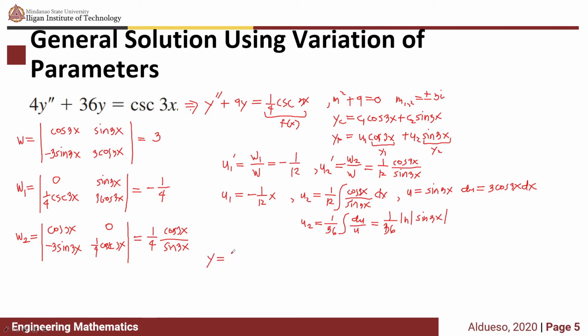Our general solution is just equivalent to c1 cosine of 3x plus c2 sine of 3x minus 1 over 12 x cosine of 3x plus 1 over 36 sine of 3x times ln of sine of 3x.